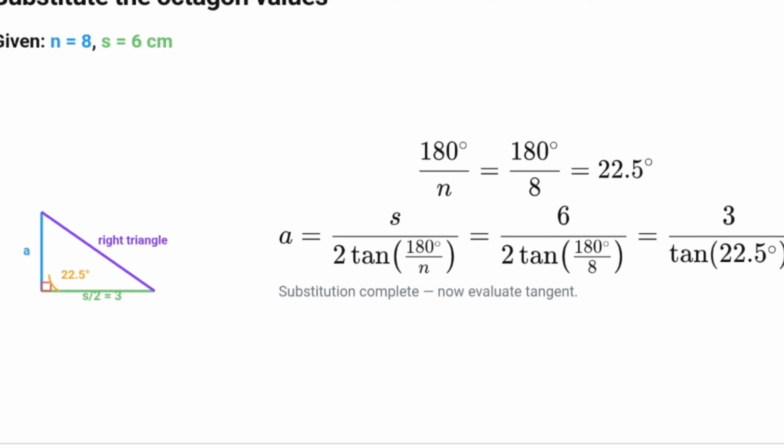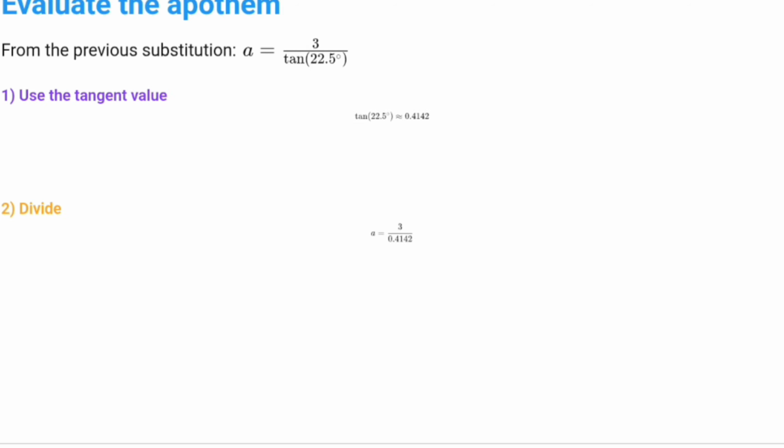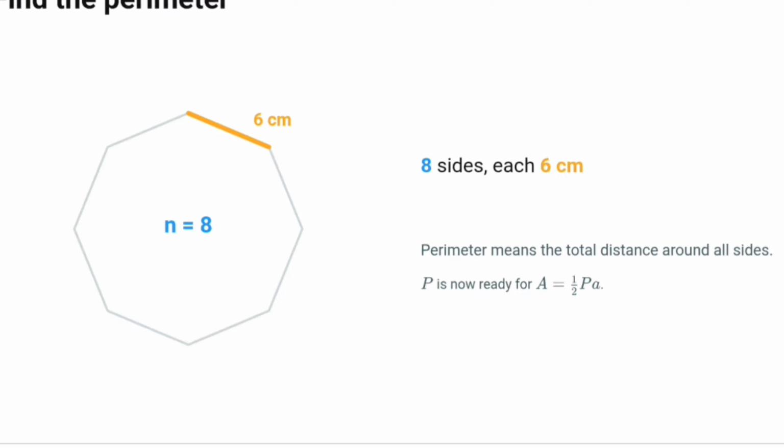Using tangent of 22.5 degrees as about 0.4142, the apothem expression becomes 3 divided by 0.4142. The apothem is about 7.243 centimeters.